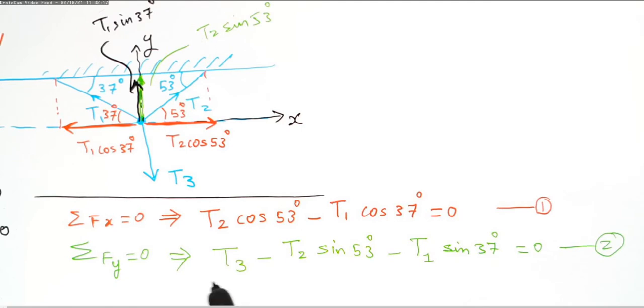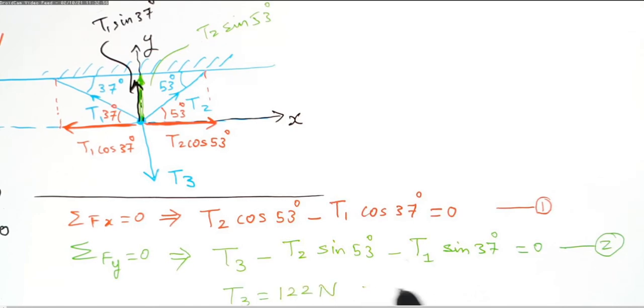If you write the equation correct, you will get most of the mark. If you do a mistake in the sign, the equation is wrong and you lose most of the mark. So it is imperative that you know how to write the equation correctly. We can consider a third equation, and T3 is equal to 122 Newton.